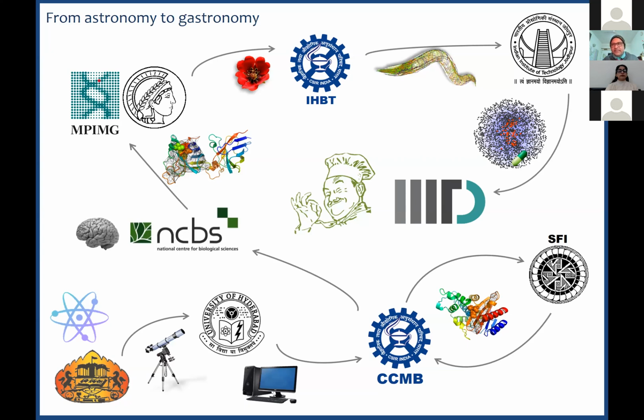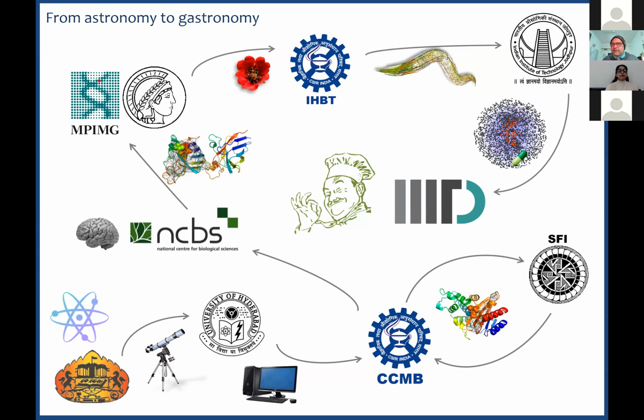In fact, this journey of computational gastronomy started at IIT Jodhpur, roughly 6 or 7 years back, when I started investigating interesting questions related to food, cuisine, and food pairing pattern in the Indian cuisine.